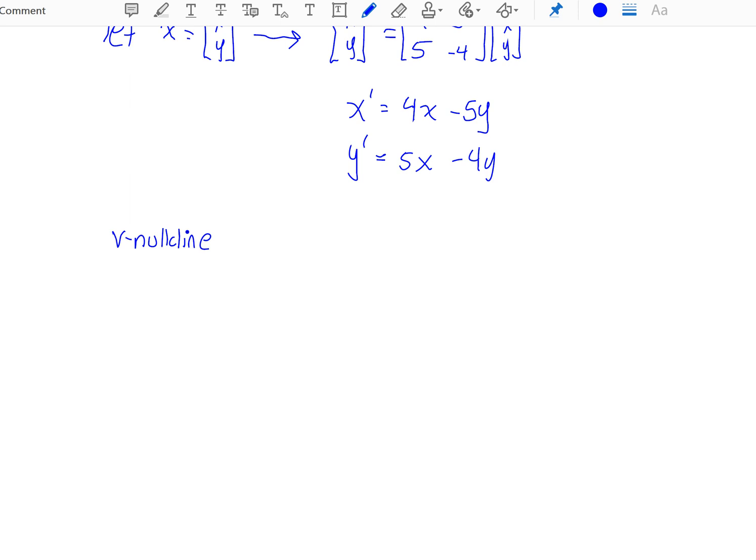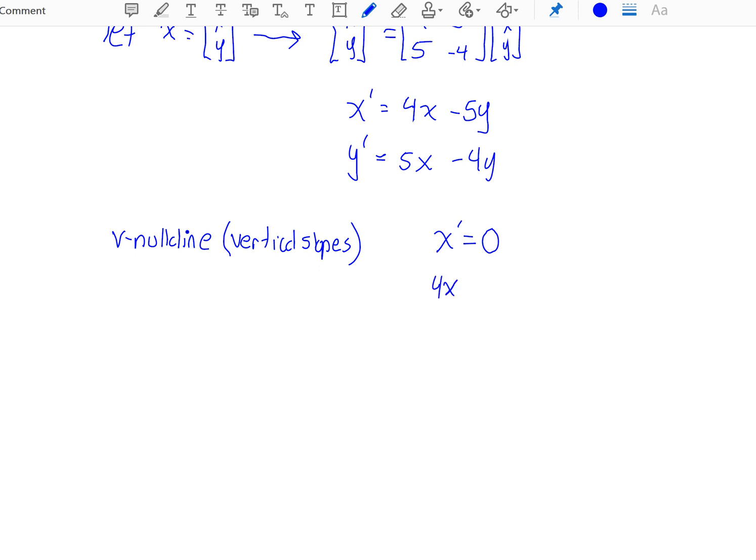Now remember, your vertical nullcline has vertical slopes only. But this only happens if x prime is equal to 0. So x prime being 0 means you have no horizontal movement, which means you have vertical slopes only.